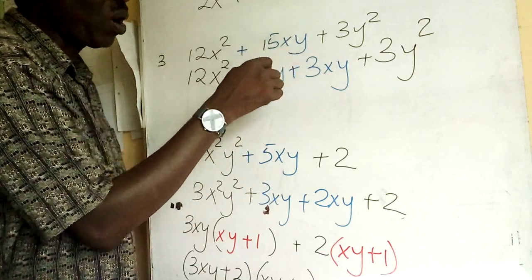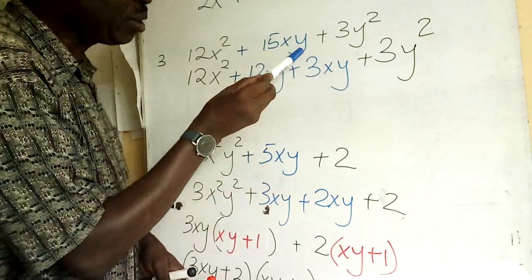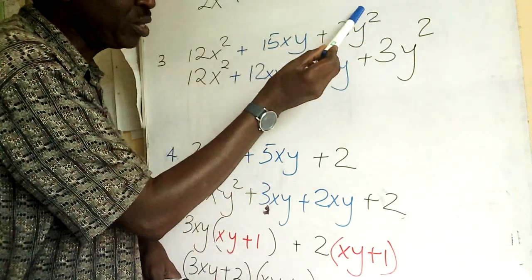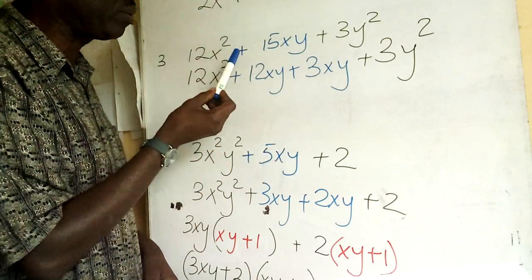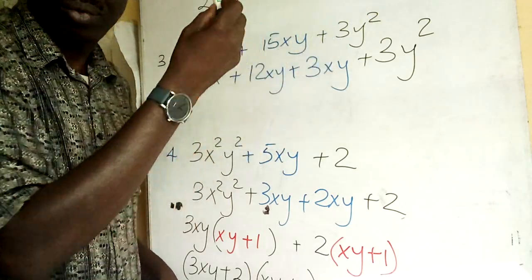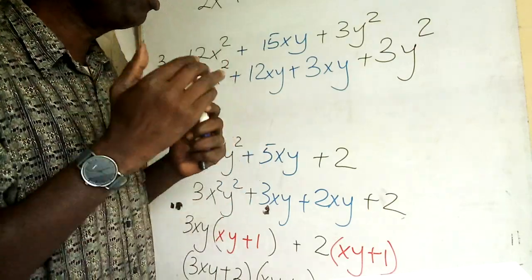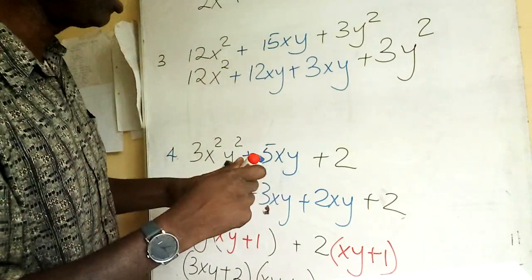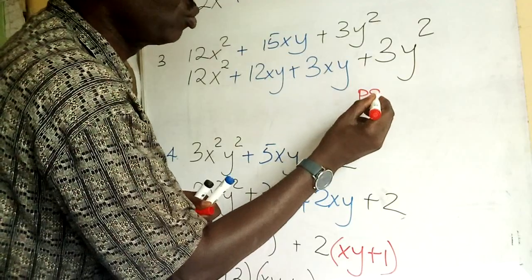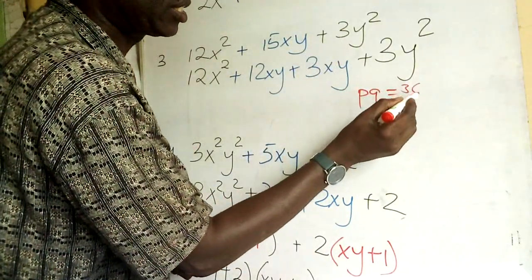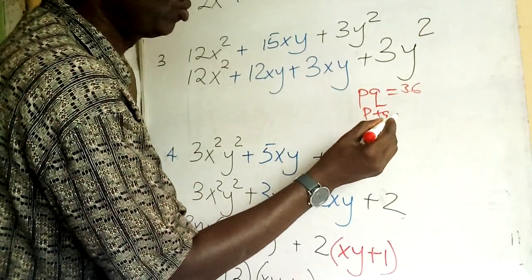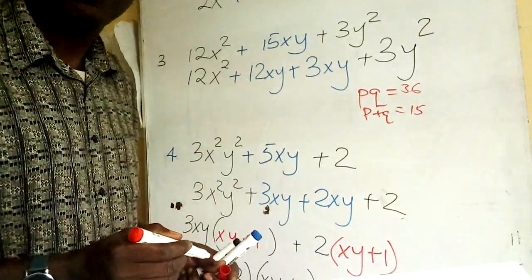If I rub this y and this y, then it remains 12x squared plus 15x plus 3. So continue the same way. I'm looking for PQ is equal to 12 times 3, which is 36, but P plus Q will give me 15.